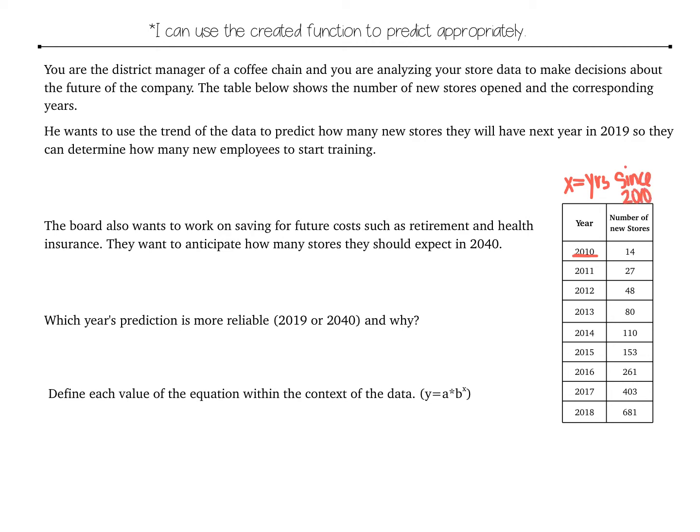So the years since 2010 would make this year 0, because if it's 2010, then it's 0 years since. So 2011 is going to be 1, 2012 is going to be 2, 2013 is 3 years since 2010, then 14, 15, 16, 17, and 18. And this is going to make our lives just a little easier when we're calculating. So if I'm thinking about 2019, I need to think about how many years since 2010 that will be.